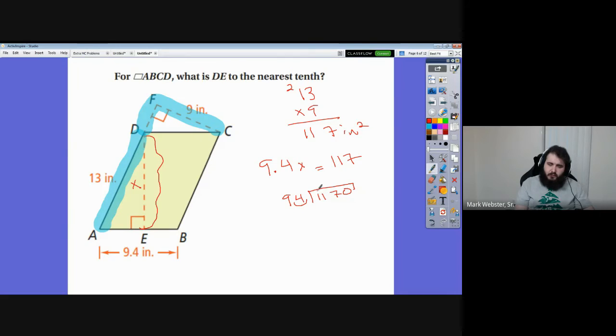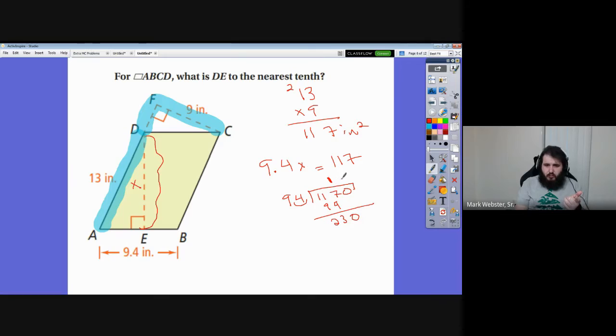So 94 goes into 117 once. 6 plus 17 is 23. 94 goes into 230. 94, 188.